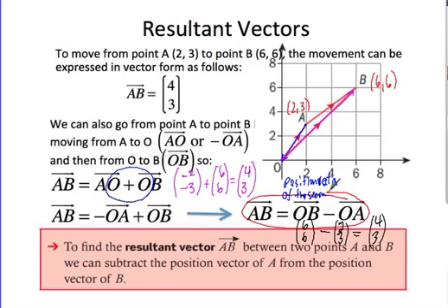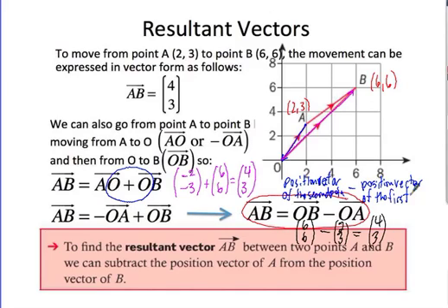And that's the second point in the vector. And it's minus the position vector of the first point.